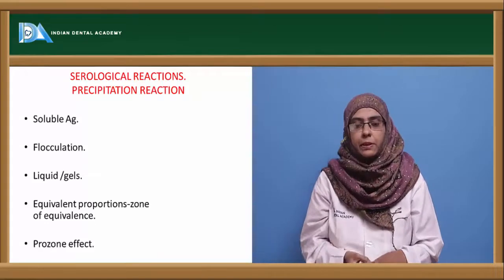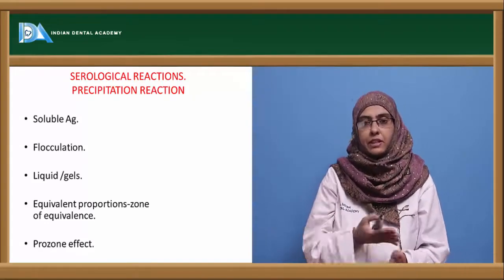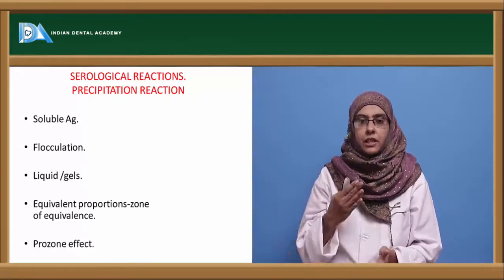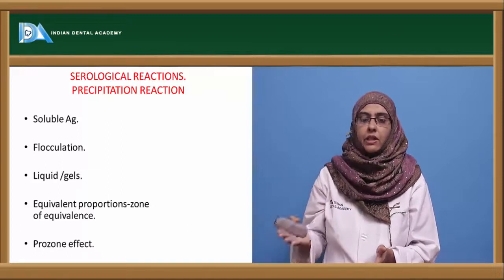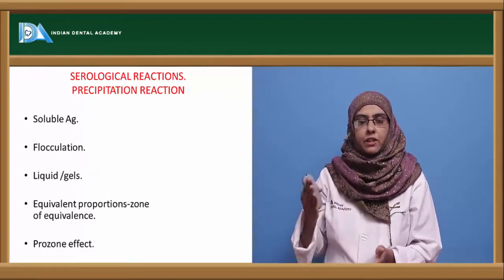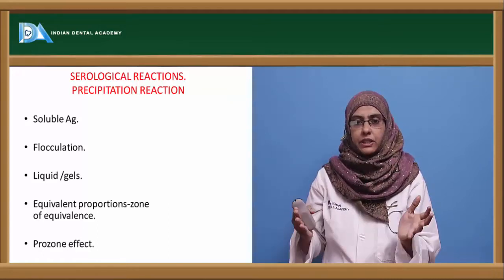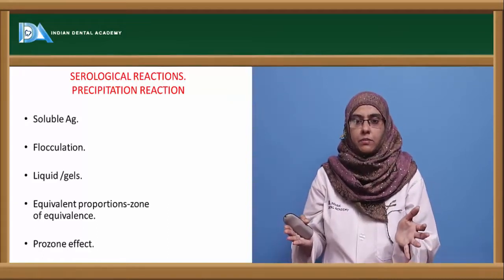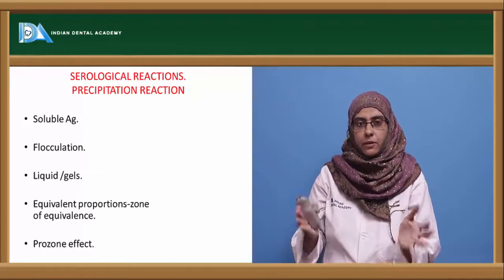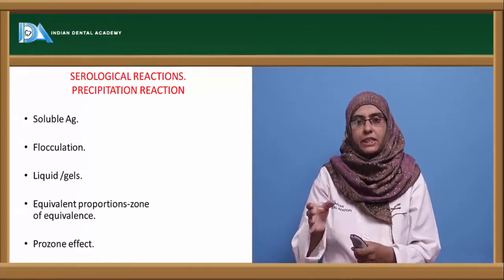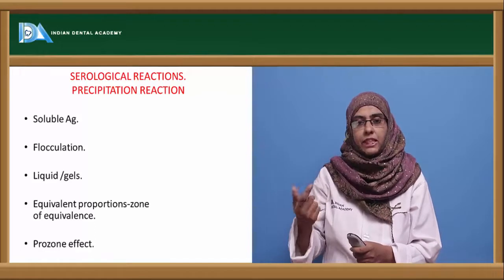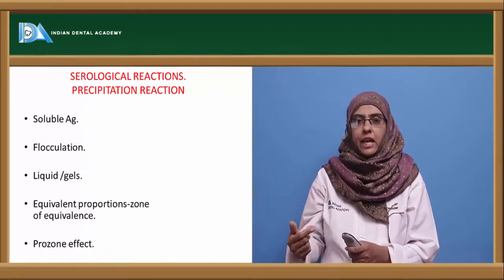This was very well explained with the help of an experiment, where a series of test tubes were taken in which a fixed amount of antibody was added. To this an increasing concentration of antigen was added, and the test tubes were observed for the formation of a precipitate. The precipitate was mostly seen in the middle test tube, where there was an equivalent proportion of antigen and antibody.